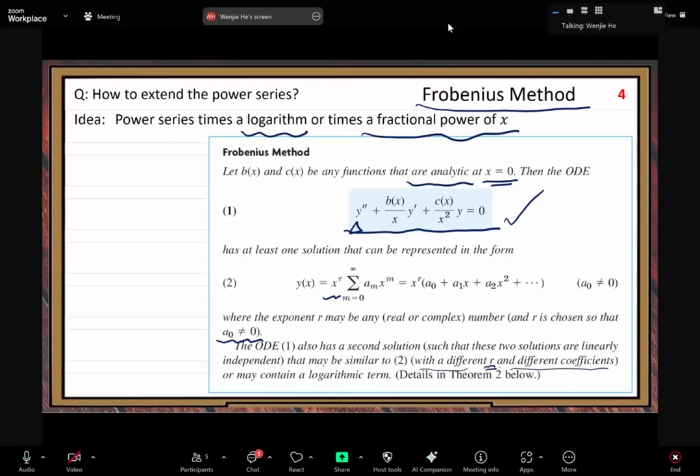Just like in our Legendre equation, y1, y2, that r is different. R could be an integer. If it's an integer, it's okay. Or it may contain a logarithm term. For the logarithm case, we need to look at theorem 2. This is the Frobenius method.